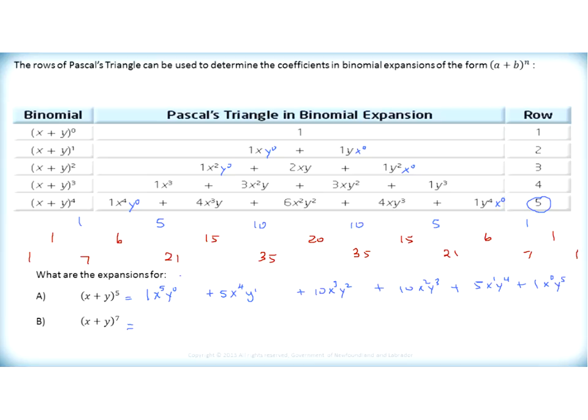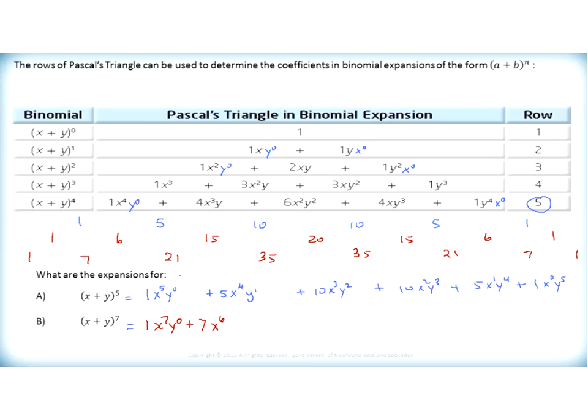And again, I need to write that out now with the expansion of x plus y to the 7. So we start with 1, x to the 7, y to the 0. I'll do each one at a time now. Plus 7, taking my second coefficient, 7.